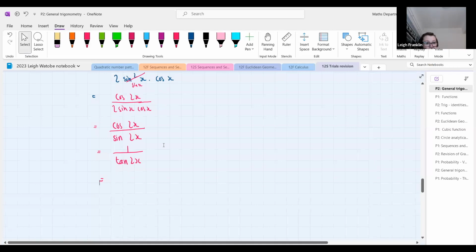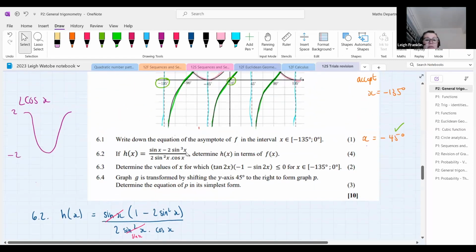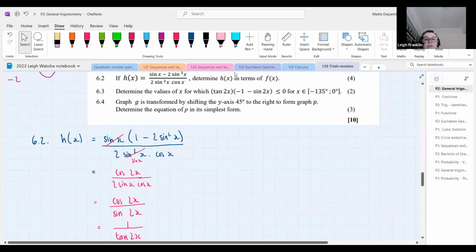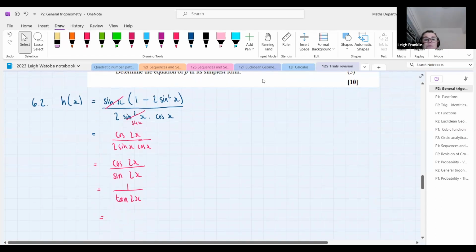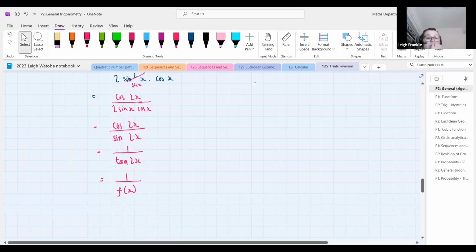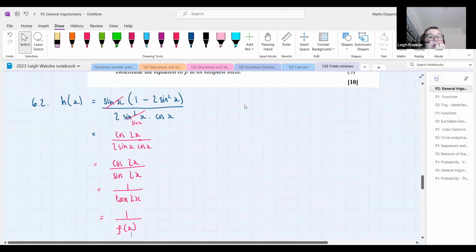Okay, so it's a reciprocal. And if we've got 1 over tan 2x, then we've got 1 over f of x, because remember they wanted us to determine h of x in terms of f of x. So this would give us 1 over f of x, like so. Does that make sense to everybody?